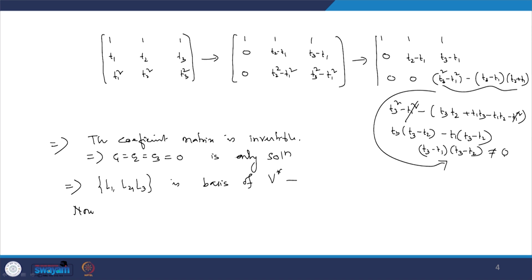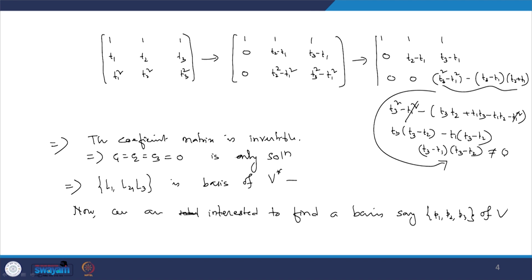Now, we are to find a basis, say P1, P2, P3 of V such that L1, L2, L3 is the corresponding dual.